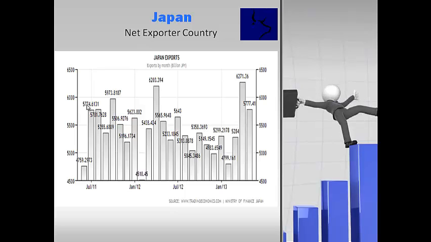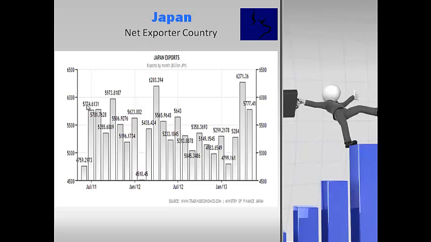The main export partners are China, the United States, and Russia. About 17% of Japan's exports go to the United States. That is important to know, because a net exporter country, in this case Japan, wants a currency lower than the value of the currency of the country they are exporting to, in this case the United States.